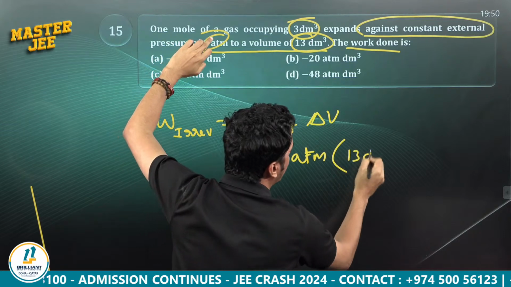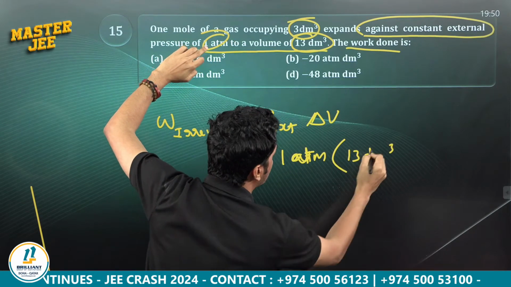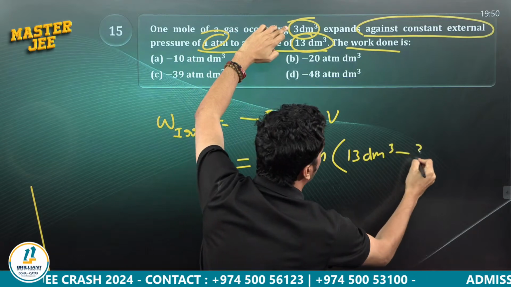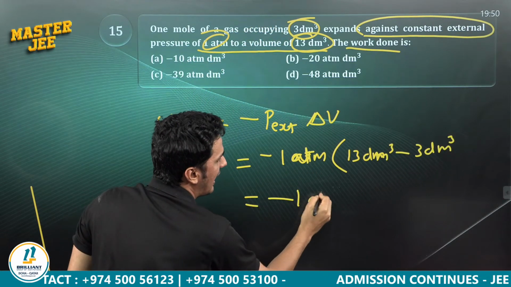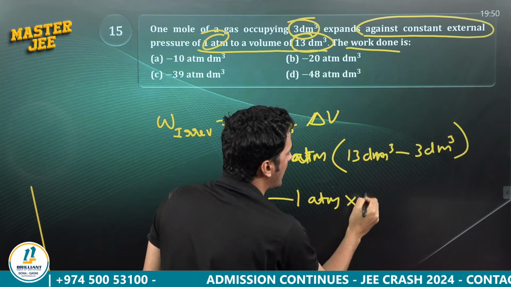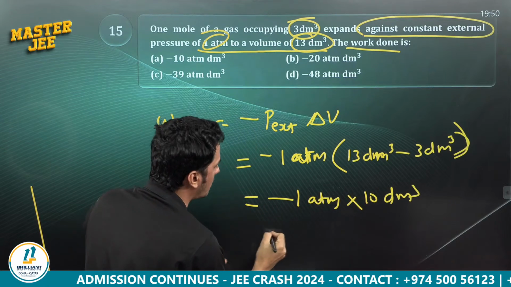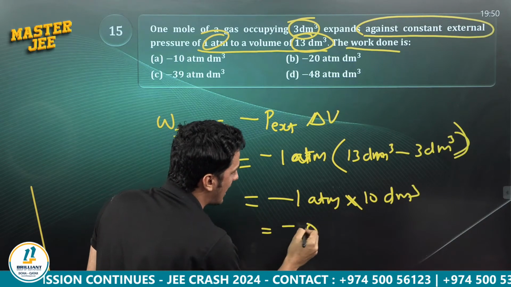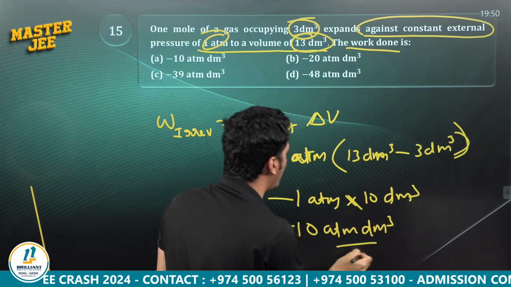So finally it is 13 decimeter cube minus 3 decimeter cube. So what's the answer? Minus 1 atm into 13 decimeter cube minus 3 decimeter cube, that is 10 decimeter cube. So the answer is minus 1 into 10, minus 10 atm decimeter cube.